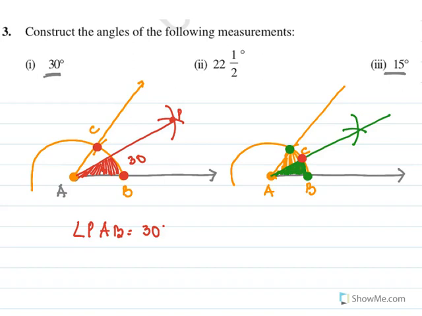So keep at C, draw an arc, keep at B, draw the previous arc, and you join. This little red angle that you get will be 15 degrees. We'll name that angle, say P. So angle PAB here is 15 degrees. You cut 30 into half and you get 15 degrees.